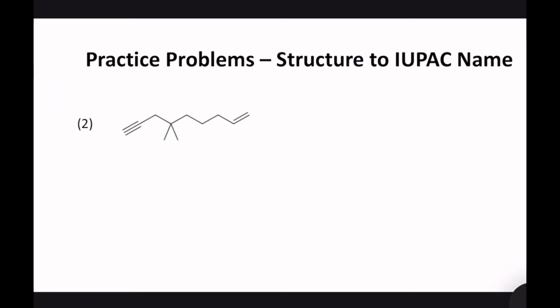We have an alkyne and we also have an alkene. Let us do the numbering 1, 2, 3, 4, 5, 6, 7, 8, 9. If we do the numbering left to right, the triple bond comes at 1 position, double bond comes at 8 position.